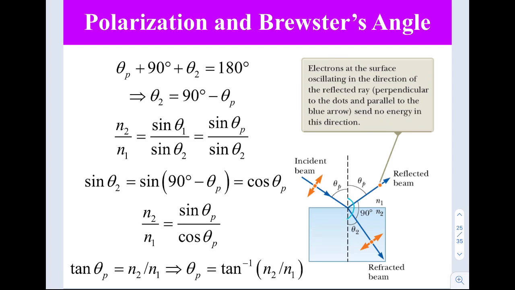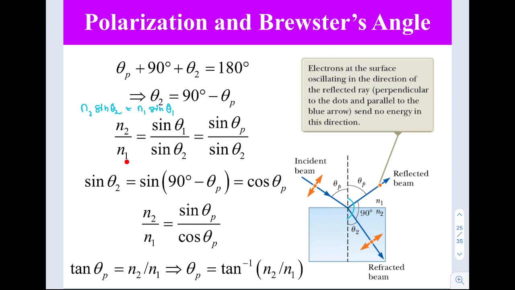Therefore, theta 2 is equal to 90 minus theta p. By using Snell's law of refraction, it gives us N2 sin theta 2 equals N1 sin theta 1.